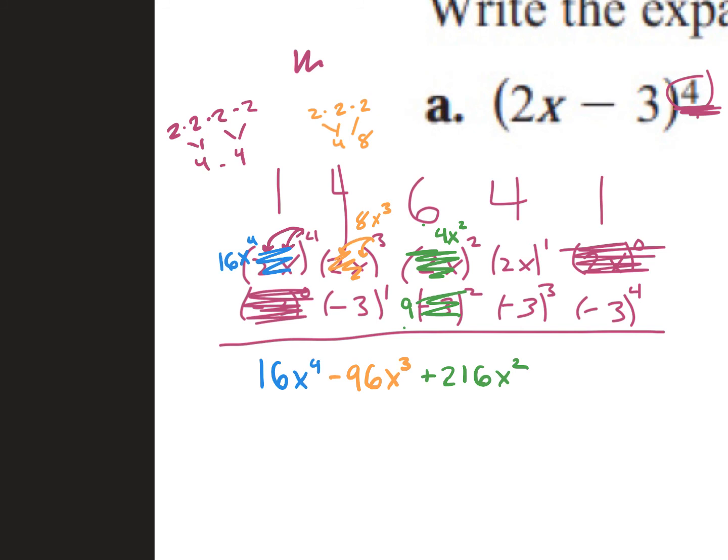And then next, we have 4. 2x to the 1st power is just going to be 2x. What about negative 3 cubed? Perfect. Negative 27. So we have 4 times 2 times negative 27. Negative 216x. Perfect.